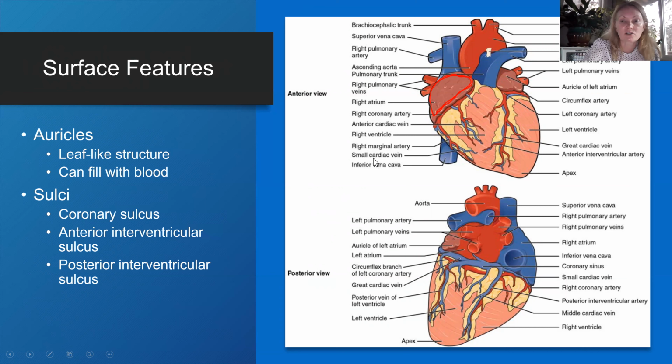We have the coronary sulcus that goes around the heart, the anterior interventricular sulcus right here, and the posterior interventricular sulcus right here. Interventricular means the sulcus between the two ventricles, on the anterior or posterior side of the heart.